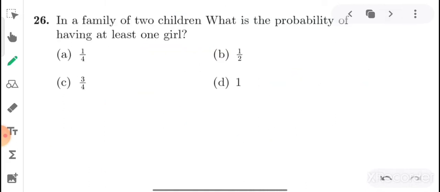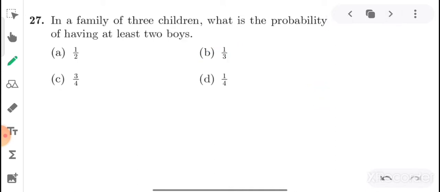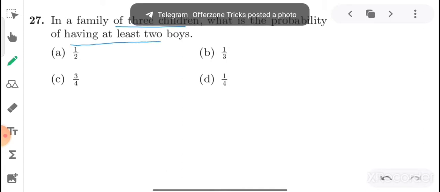See the next question. Probability in a family of two children. There are two children. Probability of having at least one girl, that will be 1 by 2, as there are total two children. In a family of 3 children, what is the probability of having at least 2 boys?